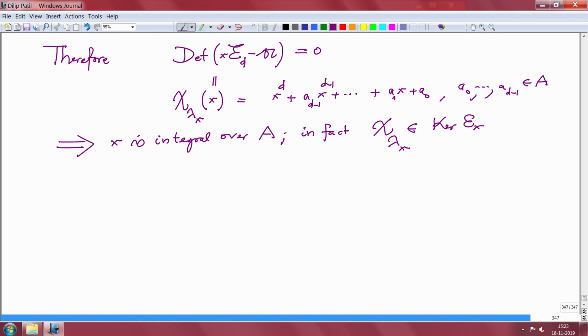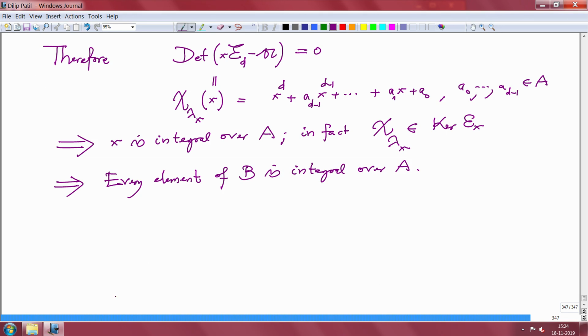So we proved that every element we started with, that is, every element of B, is integral over A. This is what we proved.